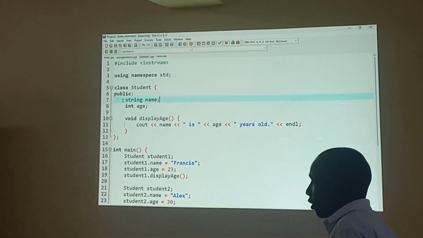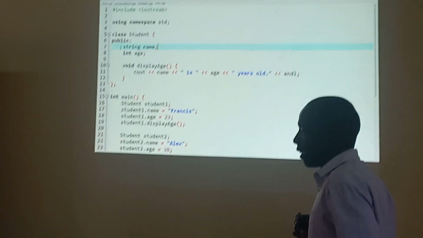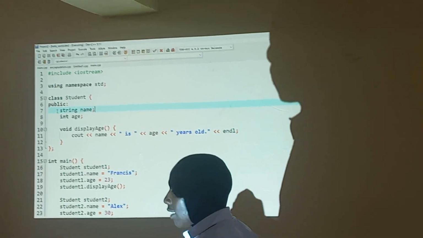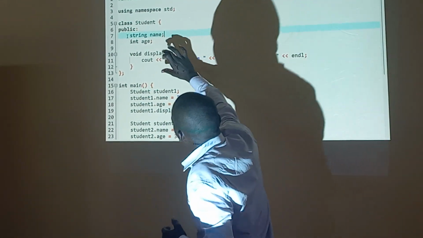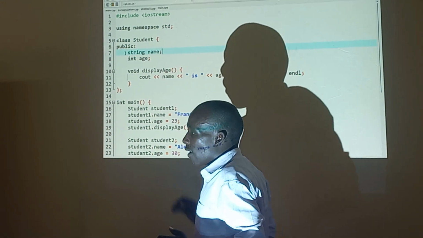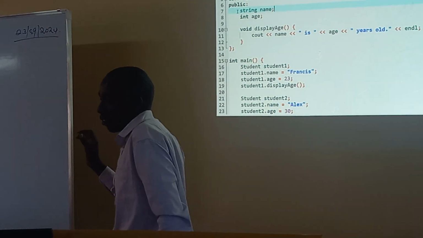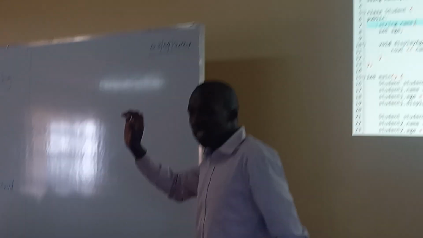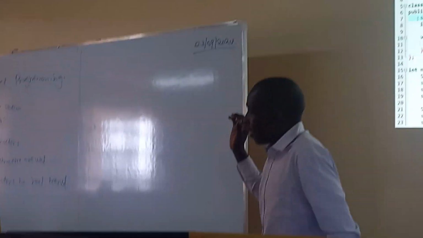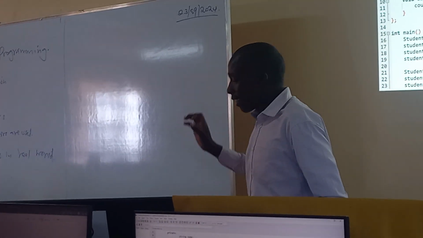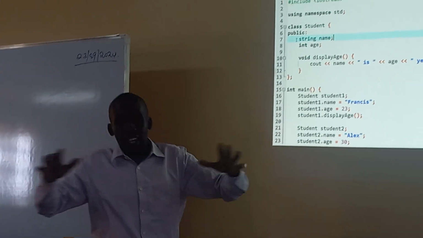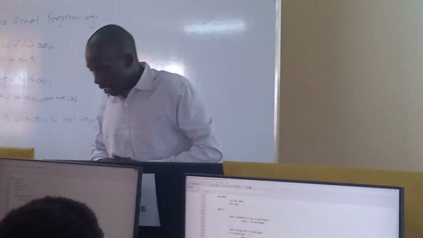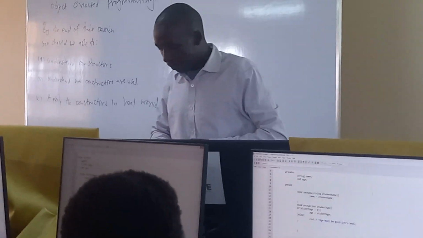So what's a method in C++? It's a function inside a class. Now, a constructor is a special method. It's just like this method, but we call it a special method in a class. And it's created inside a class, just like this method here. But a constructor is a special method that initializes objects of a class. Alright?